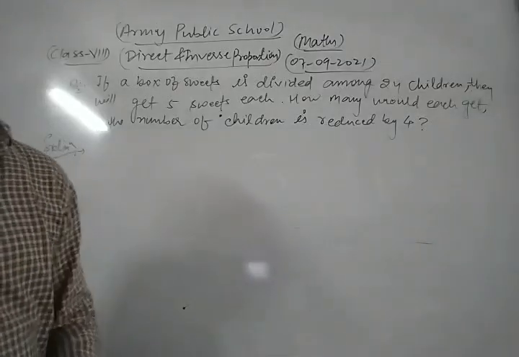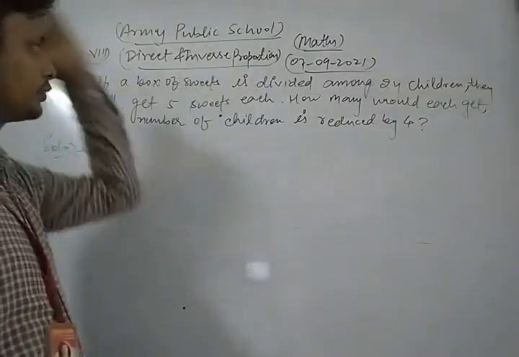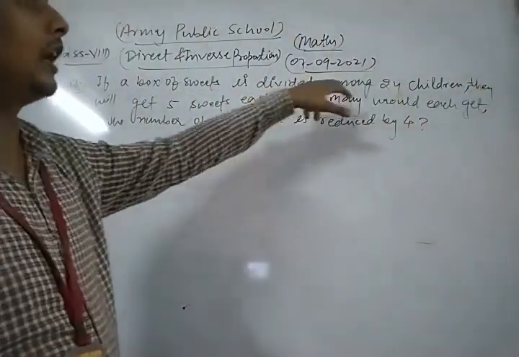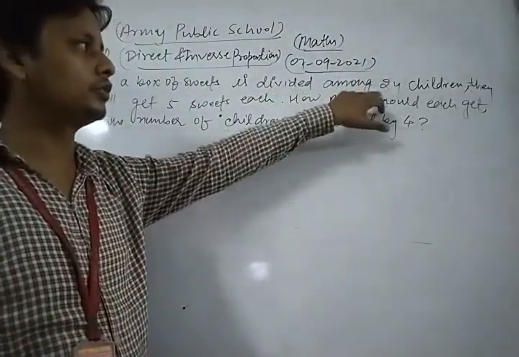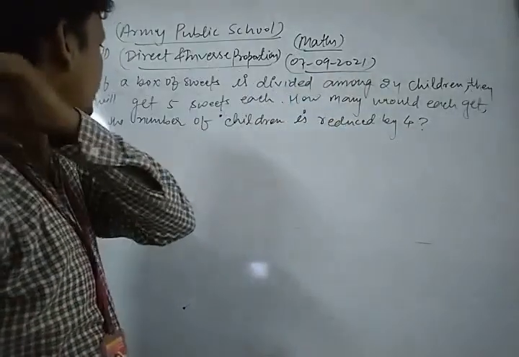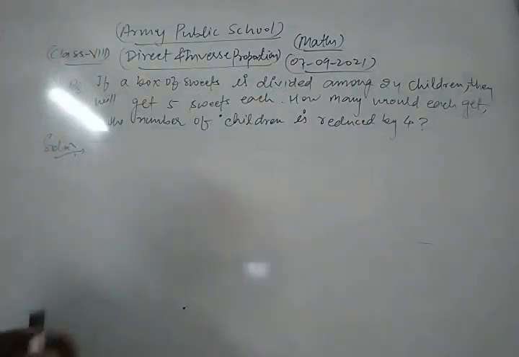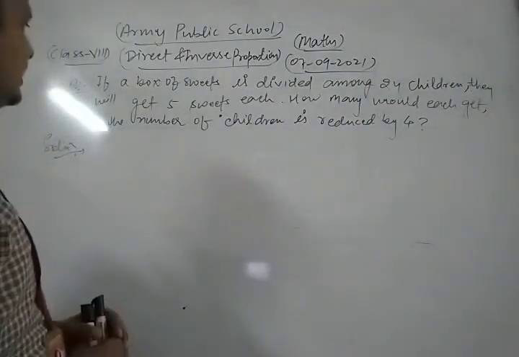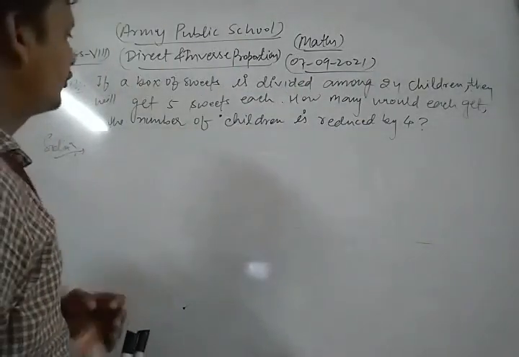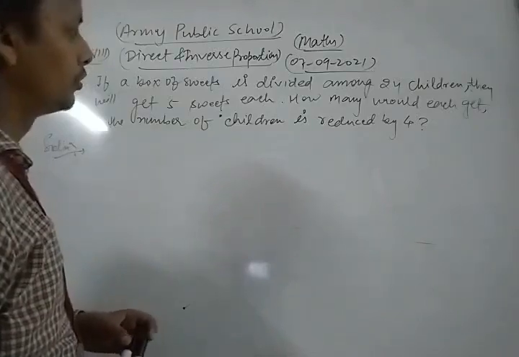Now look, here a box of sweets is divided among 24 children. They will get 5 sweets each. How many would each get if the number of children is reduced by 4?